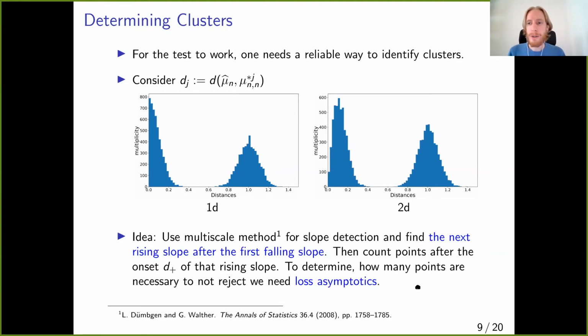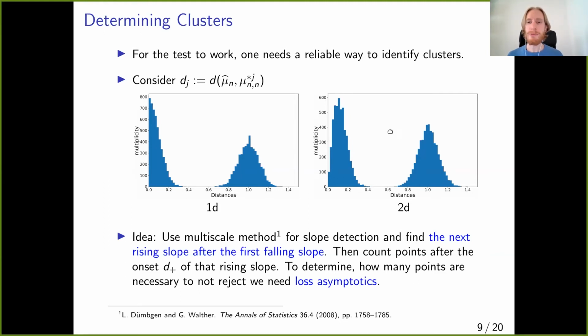Okay, so now we know how to identify which bootstrap descriptors are in a different cluster than the sample descriptor. Now the next step is how many points are necessary to not reject. And for that we need our loss asymptotics.